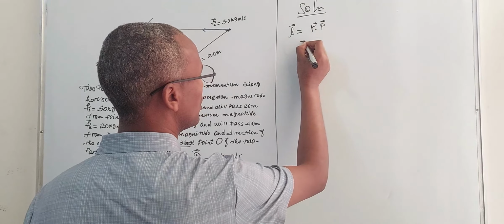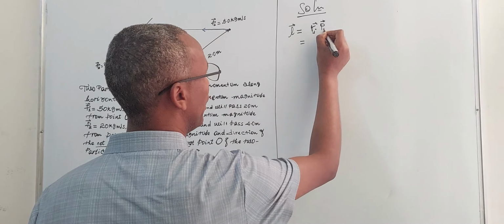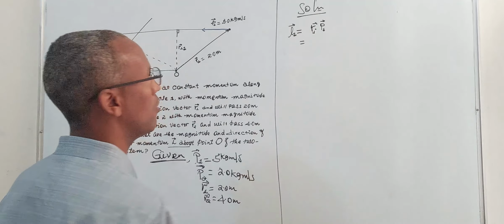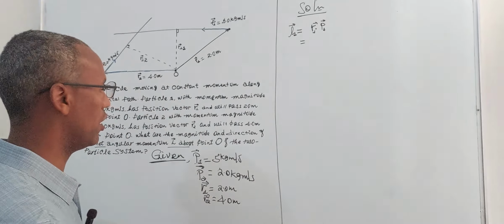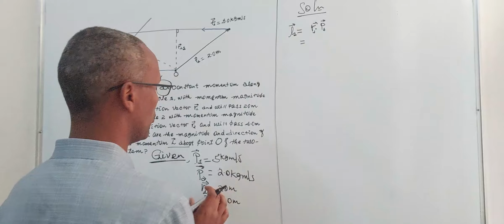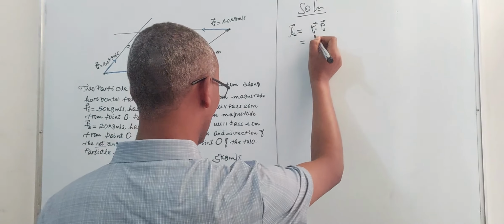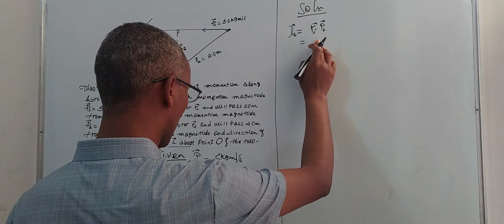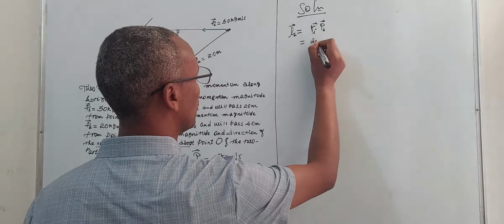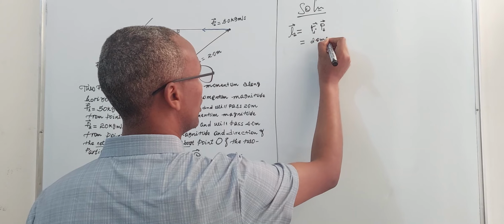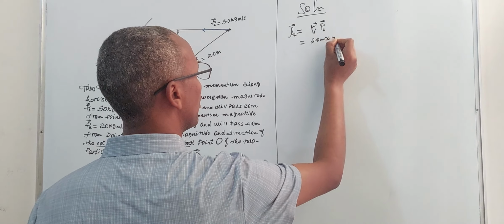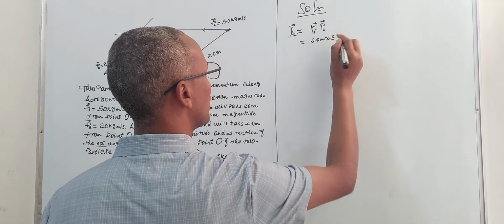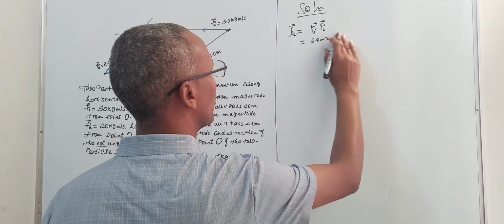You can use this to find the magnitude of angular momentum 1. Now you can just plug in the terms: 2 meters multiplied by 5 kilogram meter per second, like this.